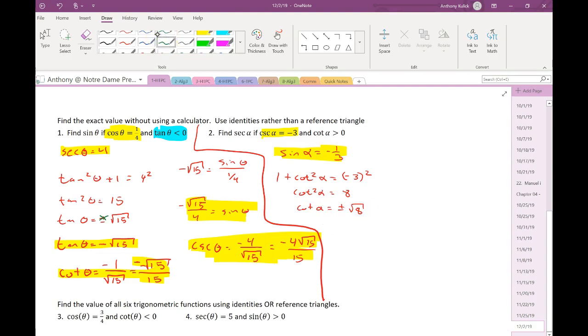And since it's plus or minus, but I know cotangent is positive, I get rid of the plus or minus and just take the plus. And let's simplify that. So I have cotangent is 2 root 2.